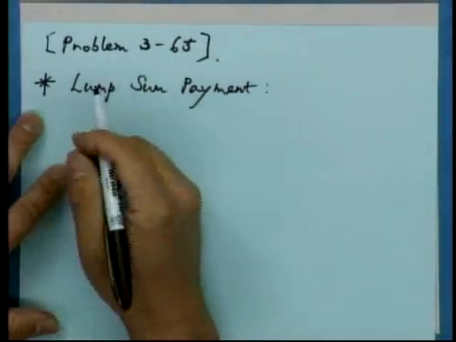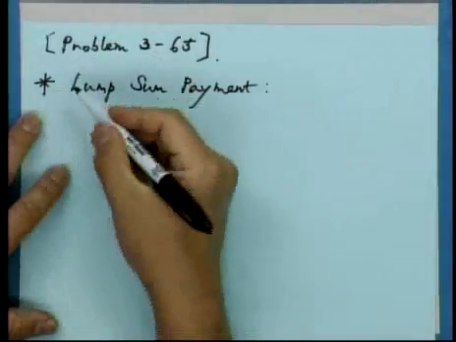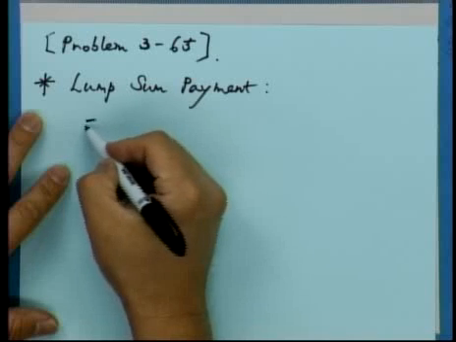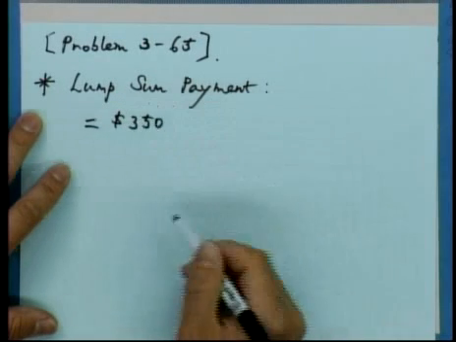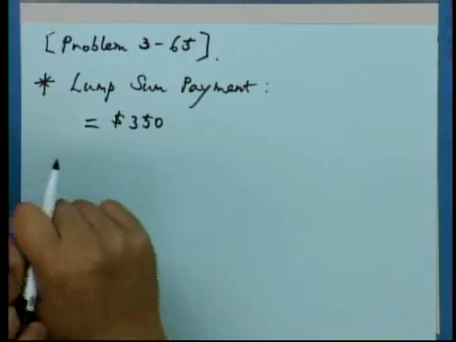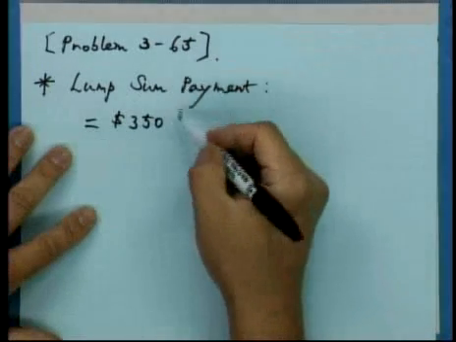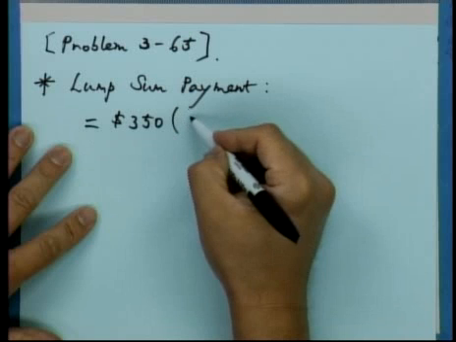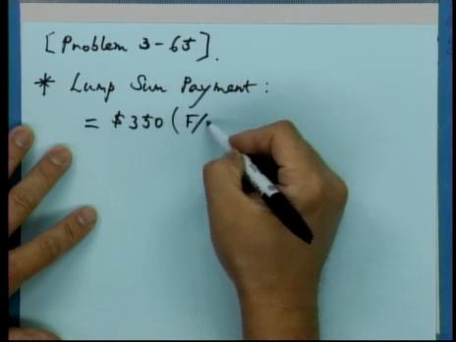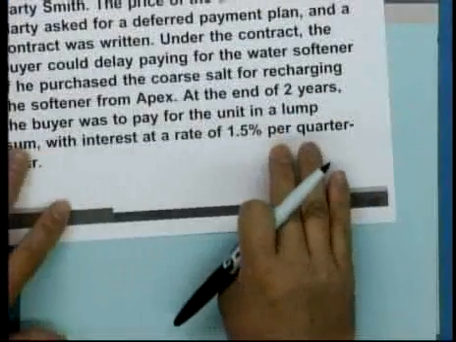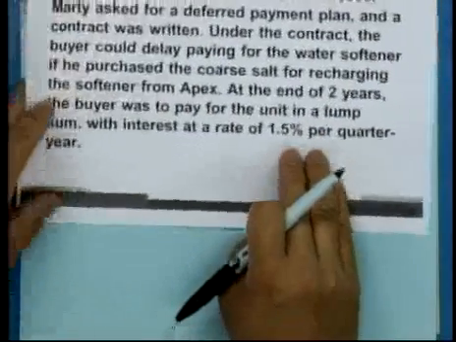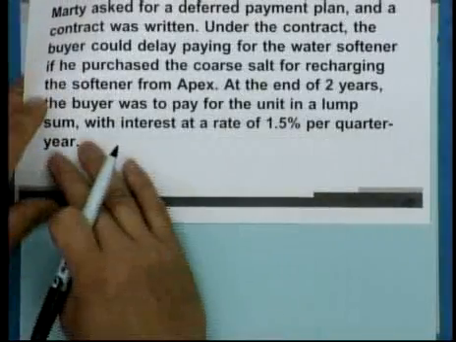For the case of lump sum payment, the $350 times F given P, and in that case 1.5% interest rate need to be considered per quarter year, right?